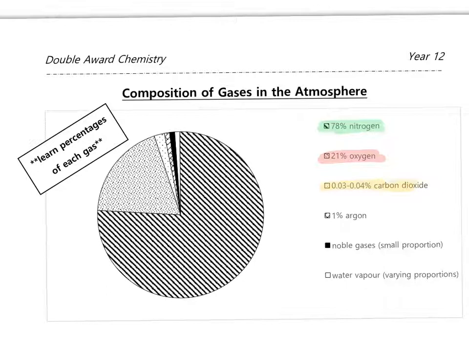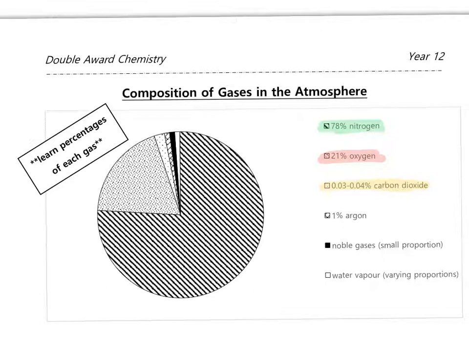0.03 to 0.04% carbon dioxide. So learn that number carefully, it's a little bit more difficult. But also you'll see that it varies from 0.03 to 0.04. Think of a few reasons why that is. Things like how much fossil fuels you're burning, and how many plants you have in a certain area that will be removing carbon dioxide from the atmosphere in photosynthesis.